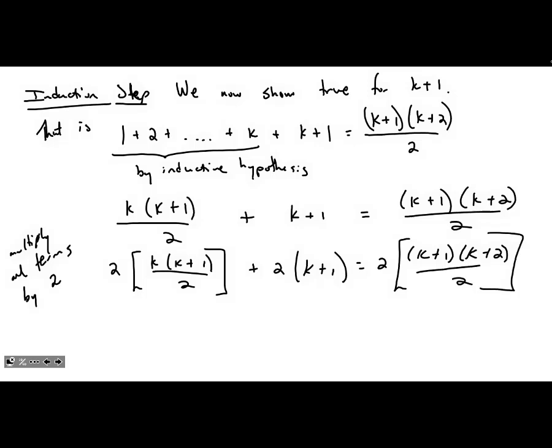We're just multiplying everything by 2 to clear fractions out. So those cancel, those cancel. I would be left with k times k plus 1 plus 2k plus 2 after I distribute.